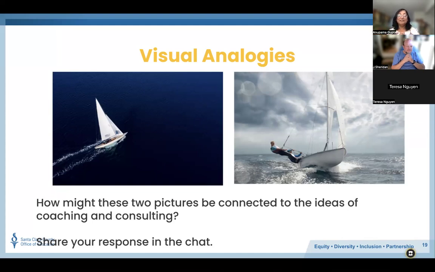So how might these two pictures be connected to the ideas of coaching and consulting? I know it's a little hard to train your mind to think, but think with the angle of coaching and consulting. What thoughts do these images bring to you when you think of those two terms and then look at this image?